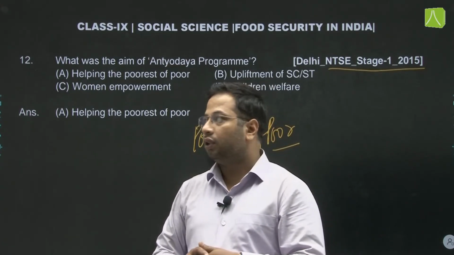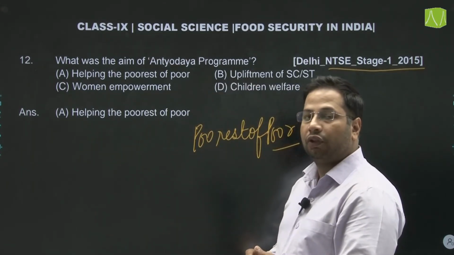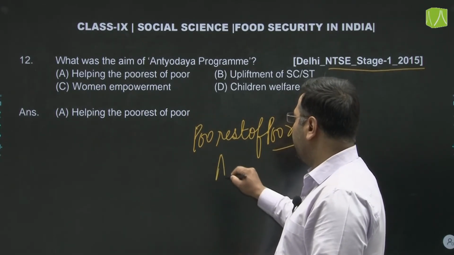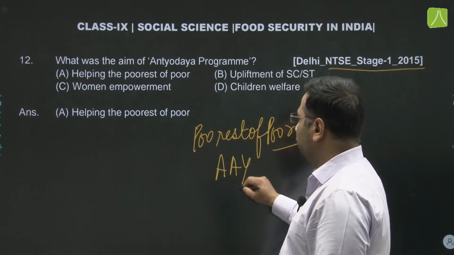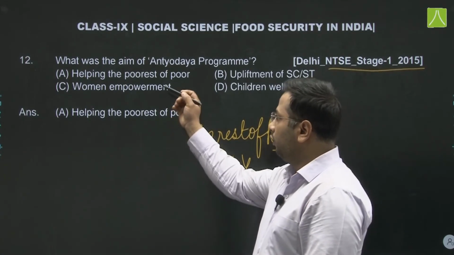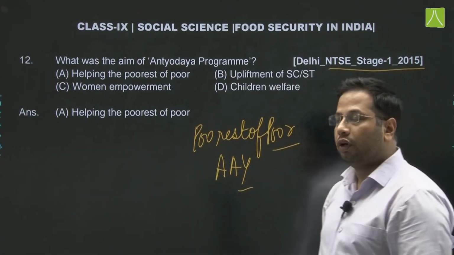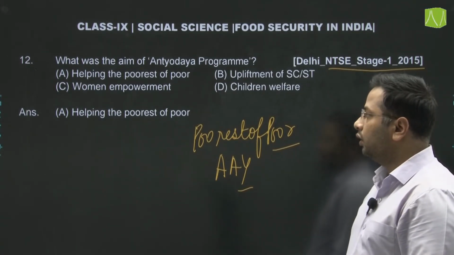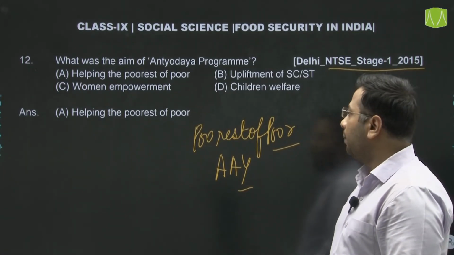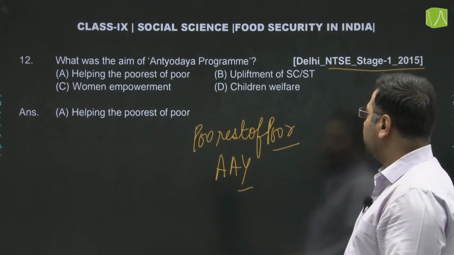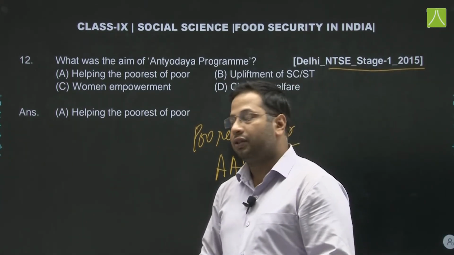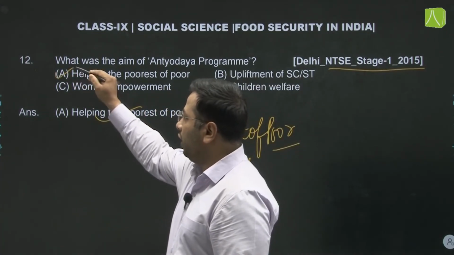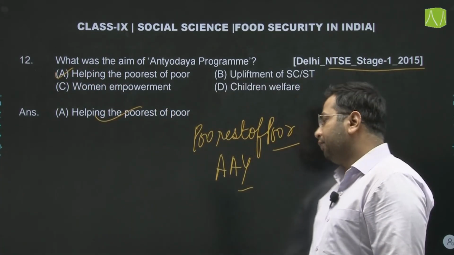So this was initiated for them, Antyodaya Anna Yojana, or in short AAY. So it was option A, helping the poorest of poor, B, upliftment of SC or STs, C, women empowerment, or D, children welfare? The correct answer is, as we discussed, helping the poorest of poor, or option A. Next question.